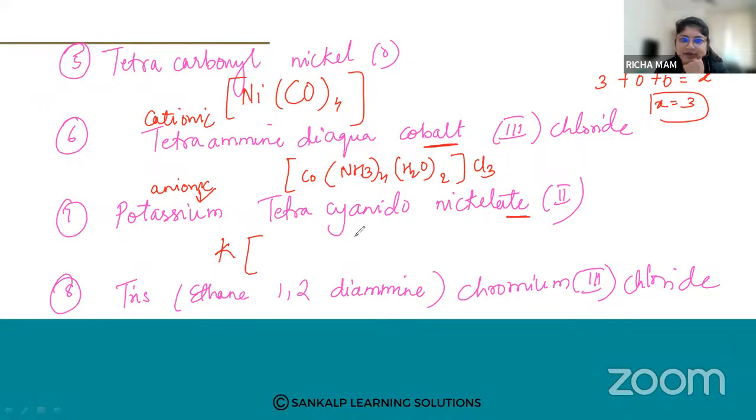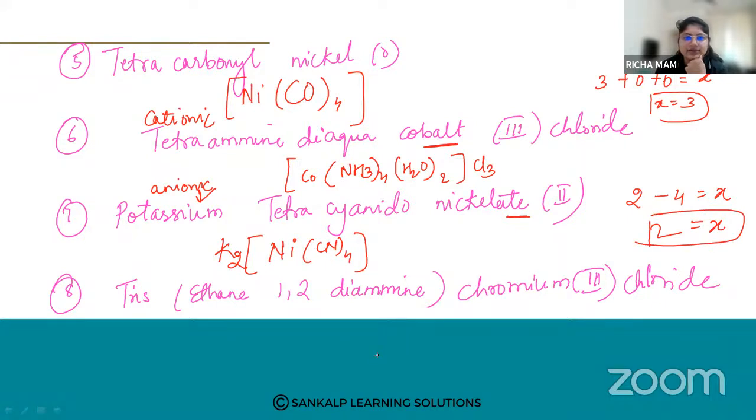Then you have nickel and 4 cyanide groups. Let us see how many potassium we have. We will keep it as X. Nickel is 2 plus, each cyanide is minus 1, so it is minus 4 equals X. So K2. X will be 2.